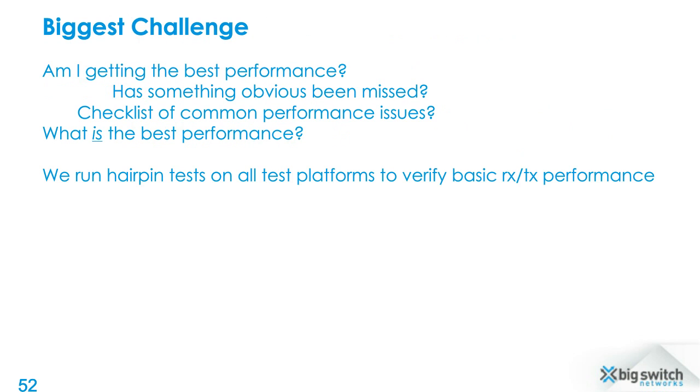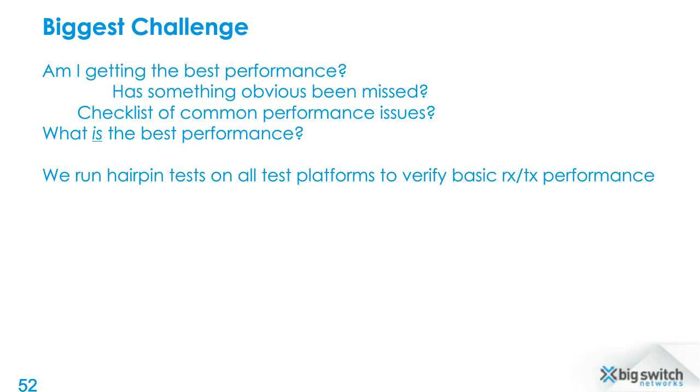So the biggest challenge that I have with DPDK is really trying to identify whether you're getting all the performance that you expect, or if you're getting the maximum amount of performance that you could get out of an implementation. That's very difficult to do because there are various bottlenecks, stumbling blocks, that can prevent you from getting to that best possible performance.